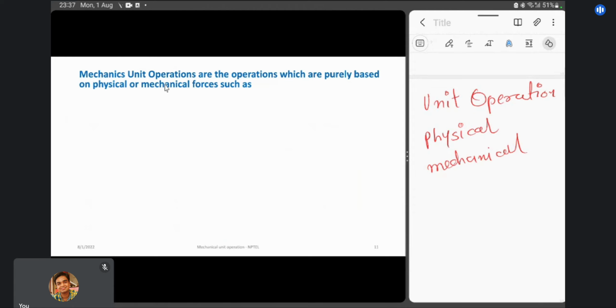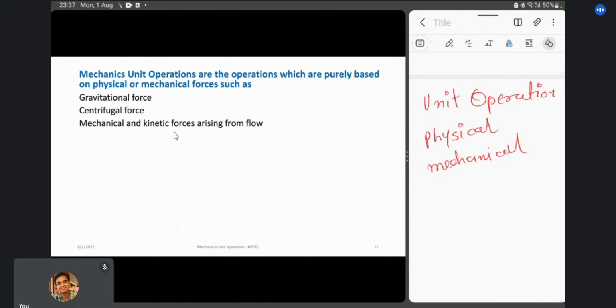So the mechanical unit operations are the operations which are purely based on physical or mechanical forces. Mainly these three forces are always used when we are talking about mechanical unit operation: gravitational force, centrifugal force, and mechanical or kinetic forces arising from flow.